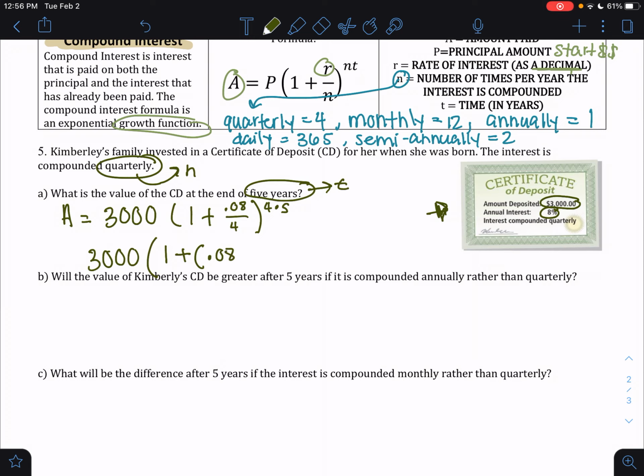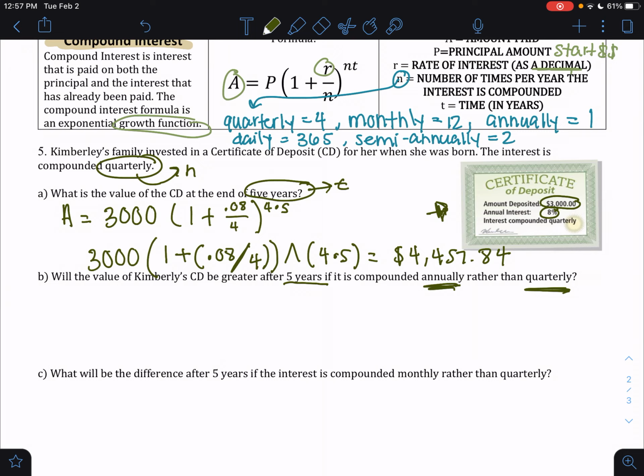That's 0.08. And then you have to use the dividing symbol, and then 4. Close the smaller set of parentheses, and then close the whole set. Then you can use your caret, and once again we have to have another set of parentheses because we are doing more than one number in our exponent. So then you'd have the 4 times 5. I can help you with this in class if you need it, but when you put that in your calculator, you should get $4,457.84.